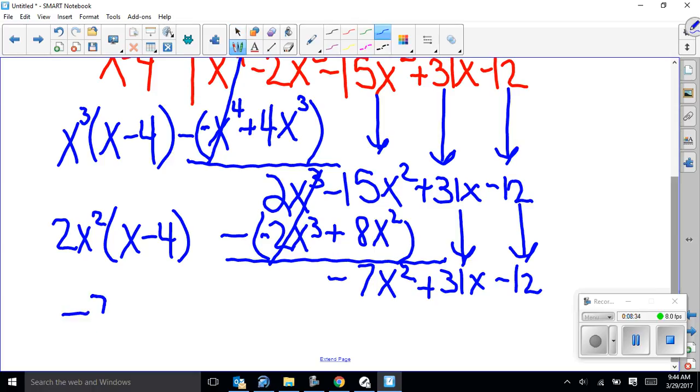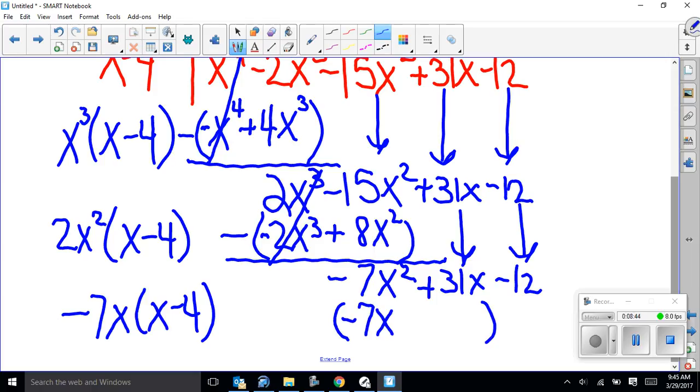So negative 7x times x minus 4. So negative 7x and negative 7x times negative 4.